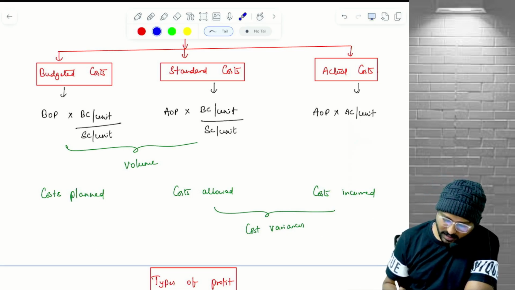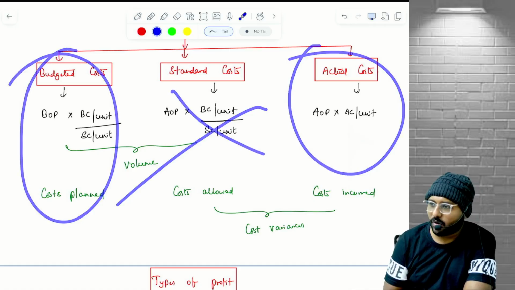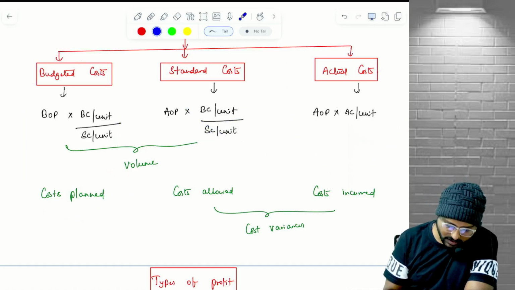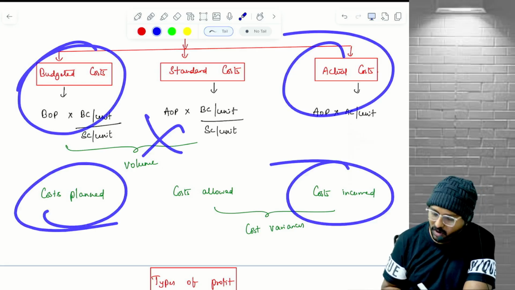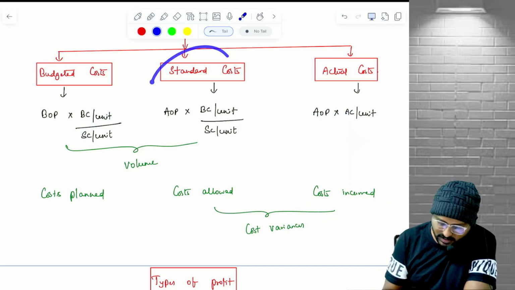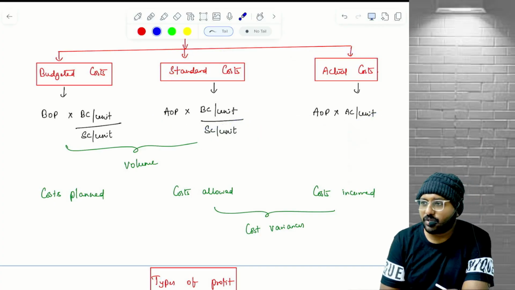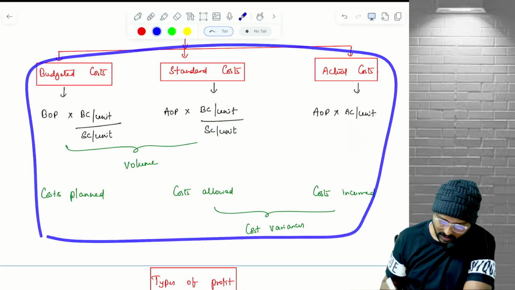They always feel that variances or cost variances in standard costing is the difference between budgeted cost and actual cost, which is absolutely wrong. It is not the difference between budget and actual. It is not the difference between cost planned and cost incurred. It is the difference between what you allow and what you incur. In other words, it is the difference between standard cost and actual cost. Got it? Everybody? Right. This is very, very important.